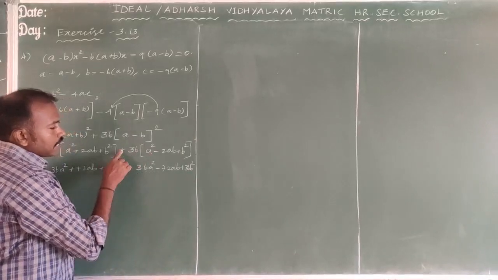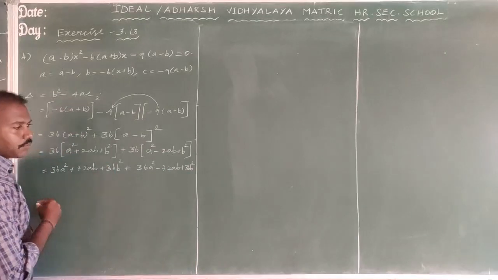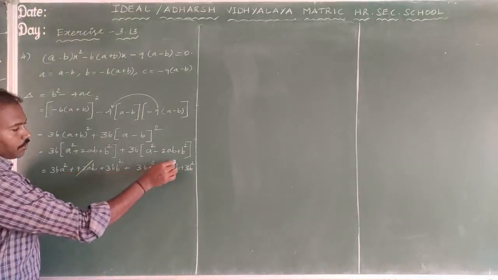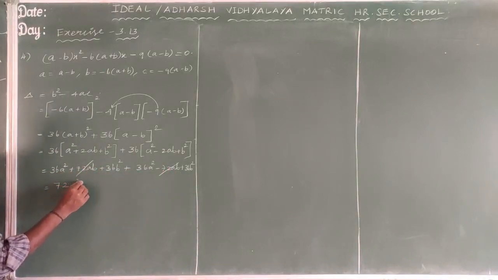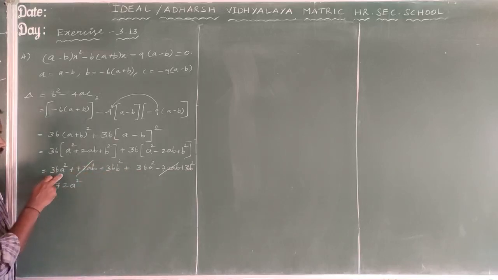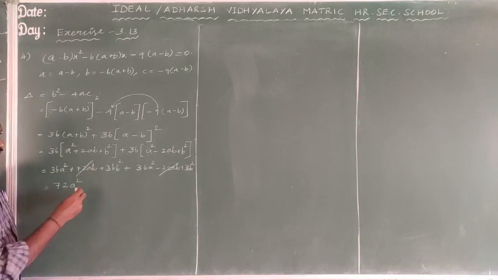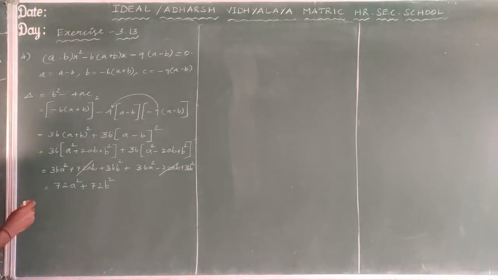Plus into plus plus, plus into minus minus, 36 into 2, 72 ab plus 36 b square. Then plus 72 ab minus 72 ab cancel. And 36 plus 36, 72 a square. We took that common. Next one plus 72 b square. Here taking 72 as common.